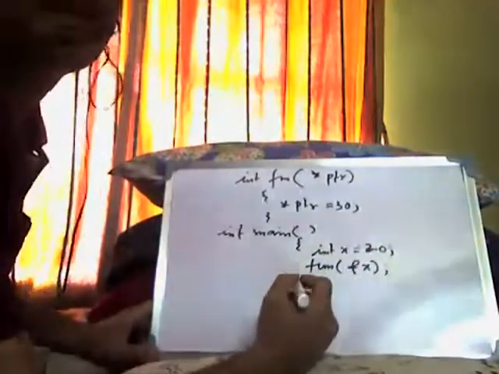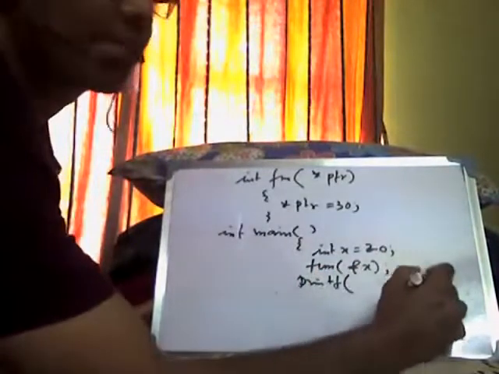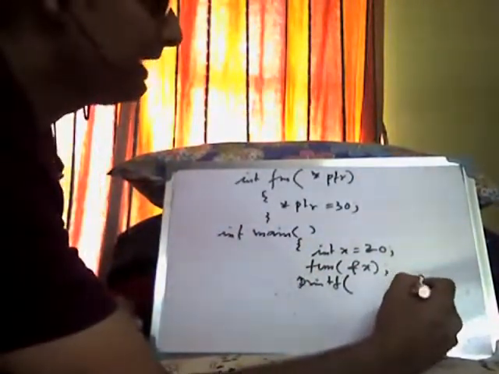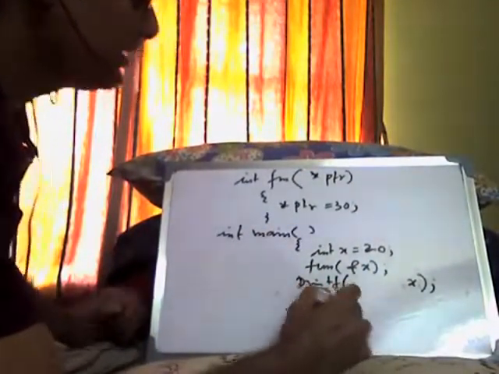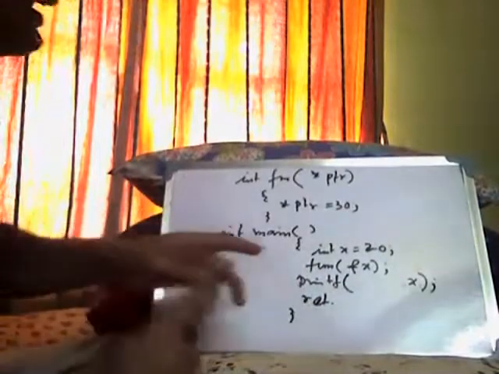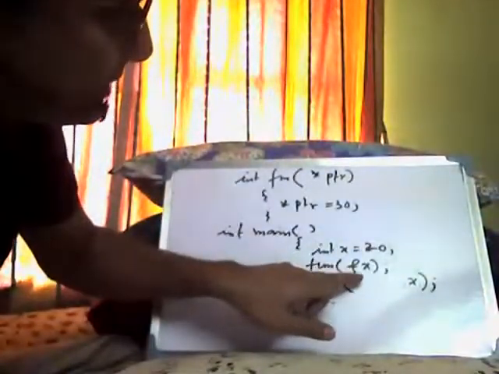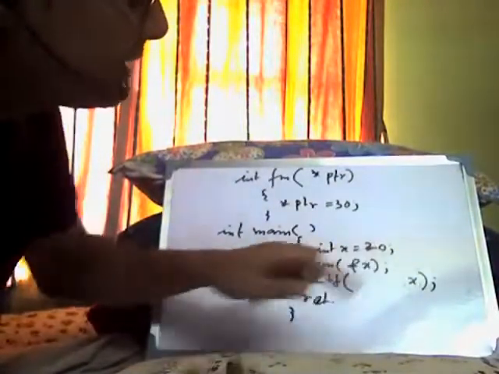You see this, again printf x, and definitely a return statement will be there. I'm not writing it here. Here x is equal to 20 and you are passing ampersand x, meaning the address of this x variable where the 20 is stored.